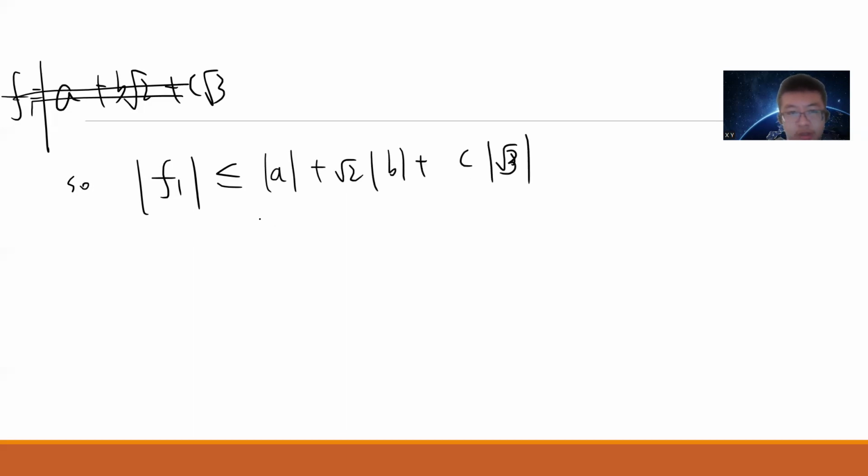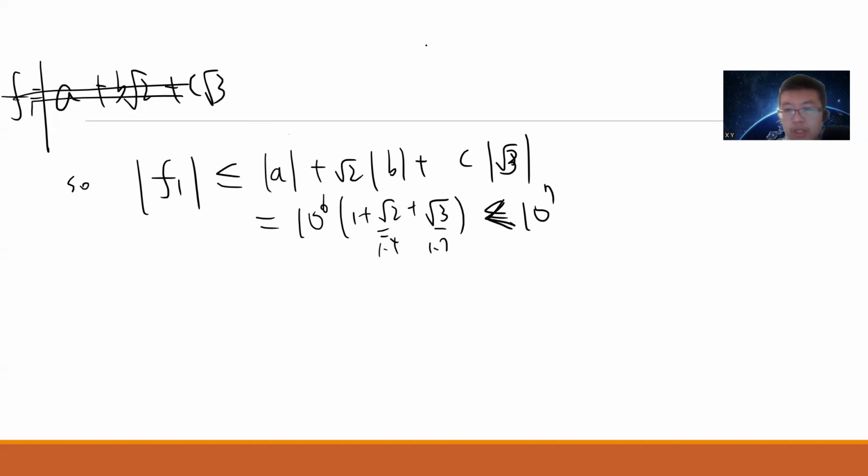This is 1 plus 1.4 plus 1.7, so it's less than 4, and I can bound it by 10 to the 7.